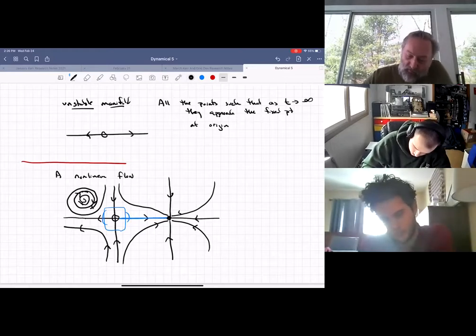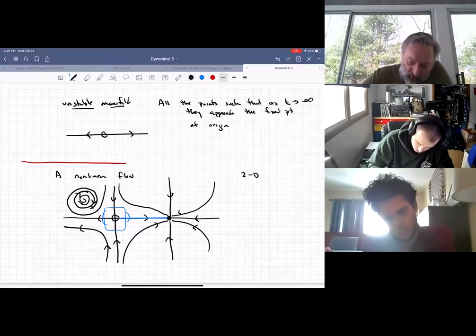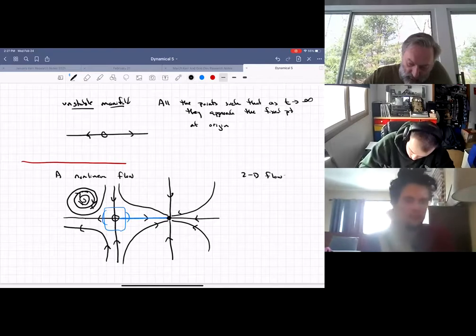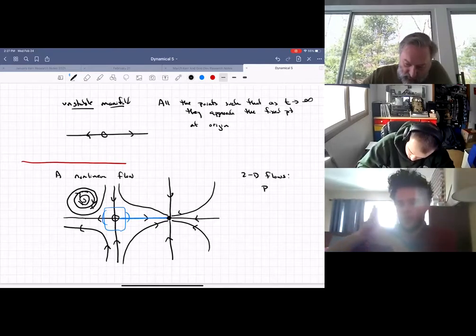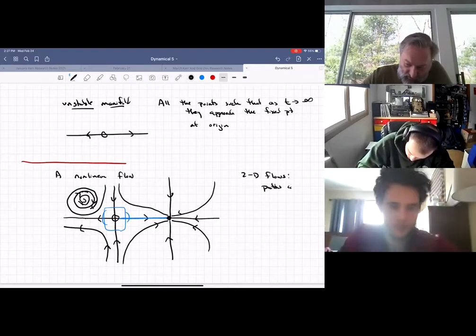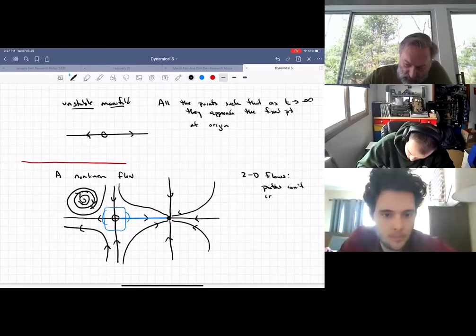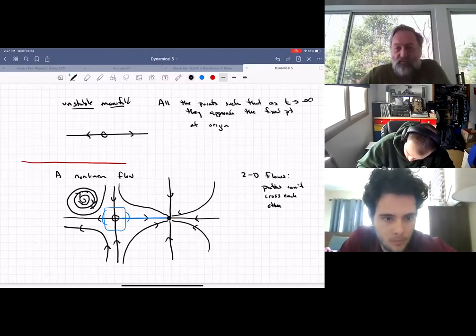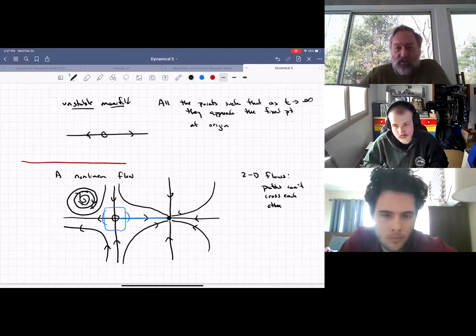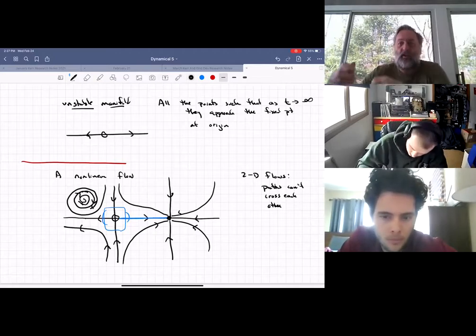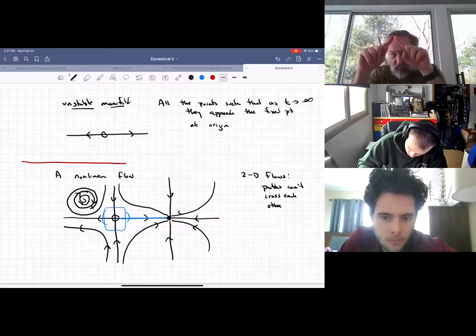One of the things about 2D flows is that the paths can't cross each other. And that's because of the existence and uniqueness theorems of differential equations. Because your differential equation has to have a unique solution, you can't be at one place and go in two different velocities at the same time.